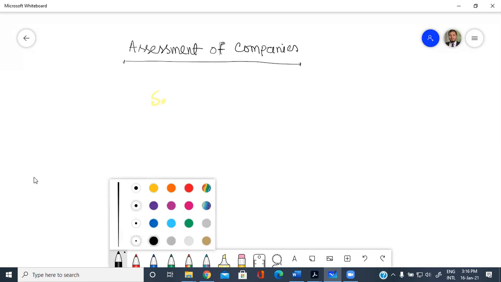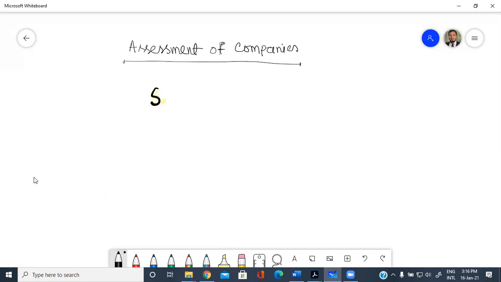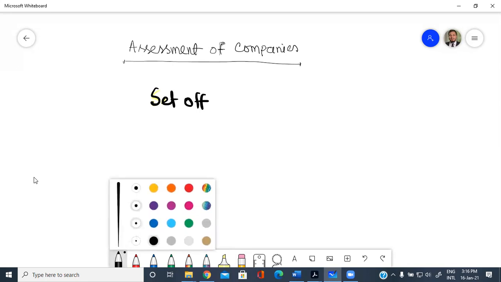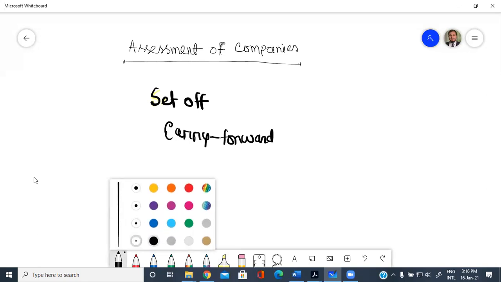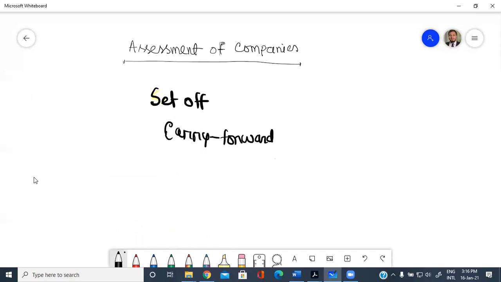They can set off their loss, and they can also carry forward the loss by following the rules applicable. And there are similarities with the rules applicable in case of individual SSC set off, and also similarities in the carry forward applicable for individual SSC.